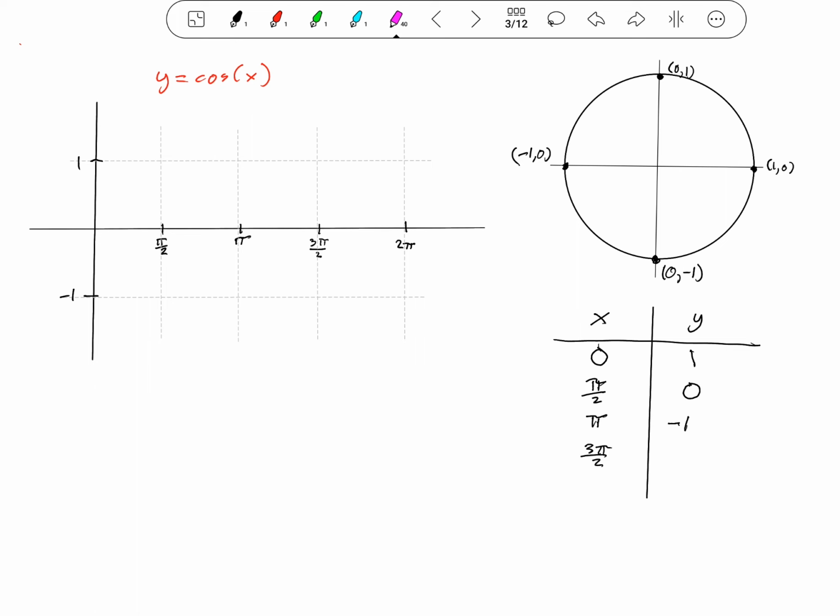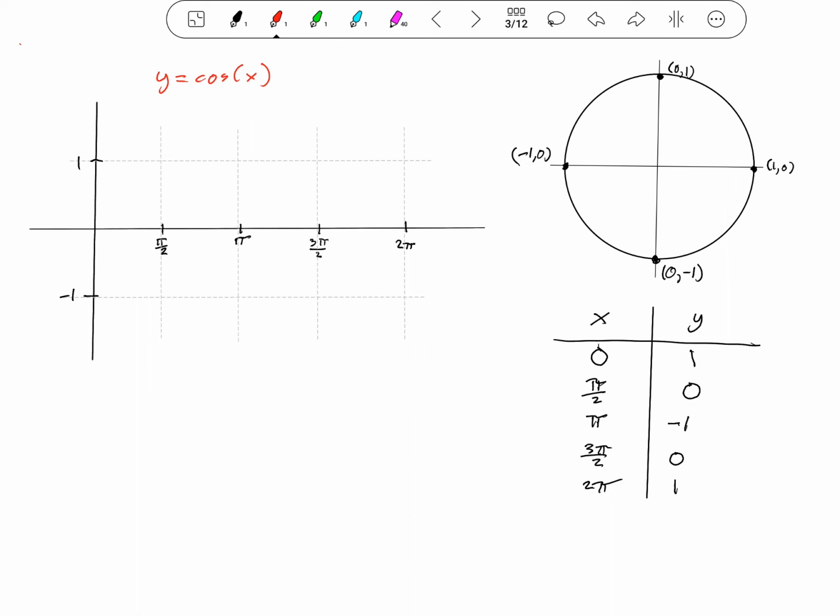Here we're looking down here. The cosine of 3 pi over 2 is 0, so we get a y value of 0. And then finally, we go to 2 pi, which gets us back to an x value. The cosine of 2 pi is 1, so we get a y of 1.